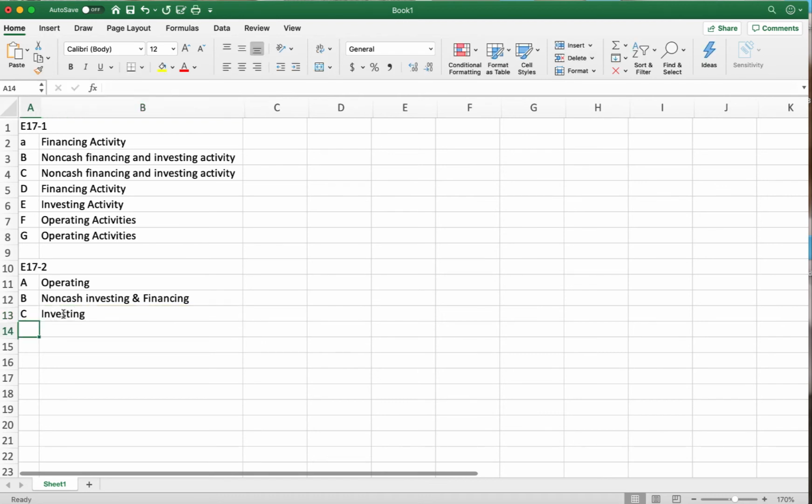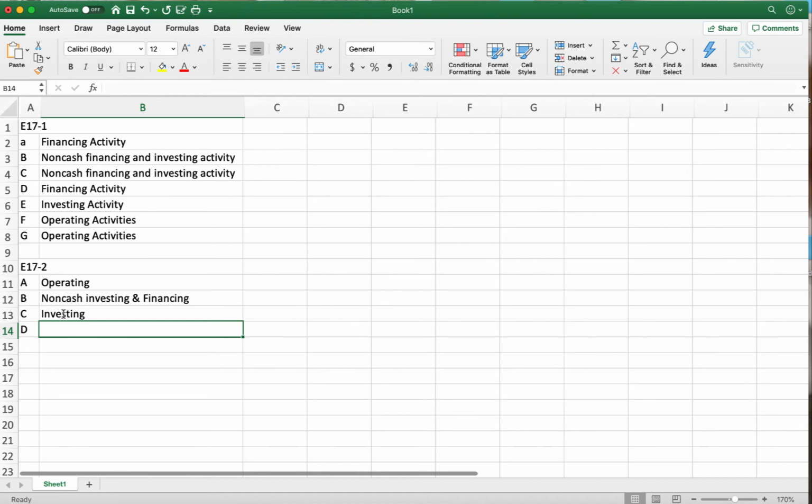Okay, let's look at D. D says payment of dividends, right? Well, what are dividends? Dividends are a release of earnings to the owners or the shareholders.